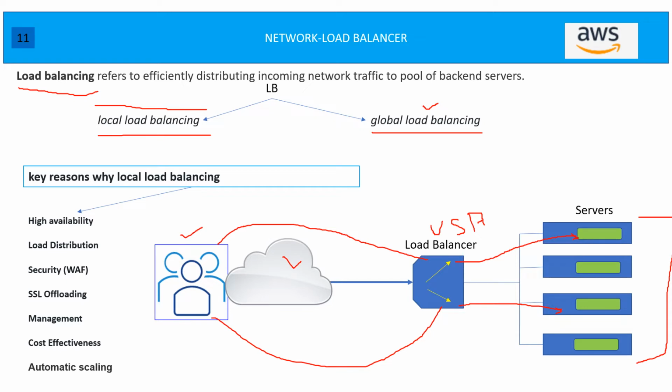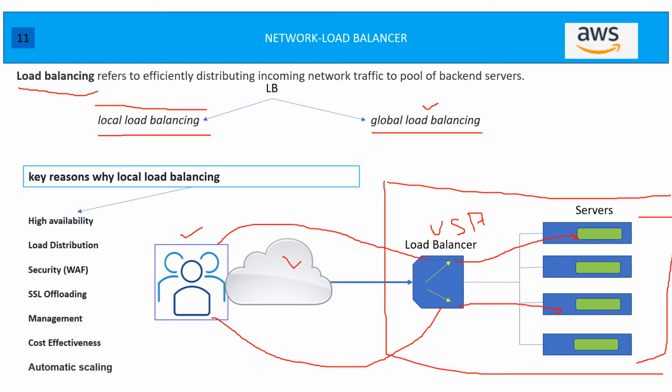When I'm talking about global load balancing, it means I will have the same setup, what I see here, in a different geographic region. So my second load balancer might be located in EU.